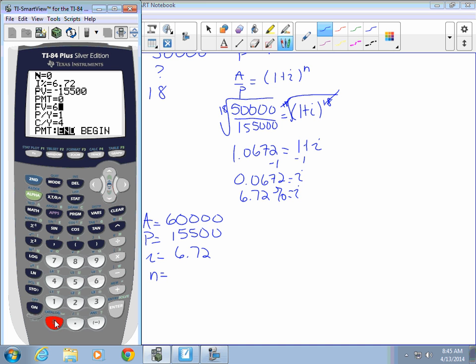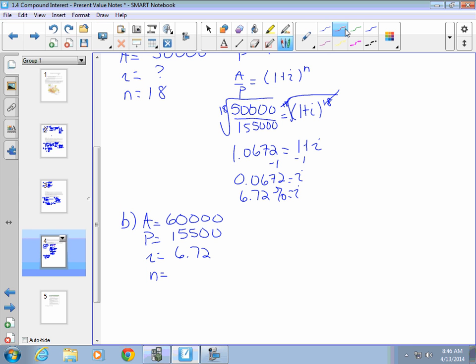We want $60,000. And this is still annual, so these both stay at 1. Go back up to N, alpha, enter. So it's 20.81, so about 21 years is needed to get that $60,000.